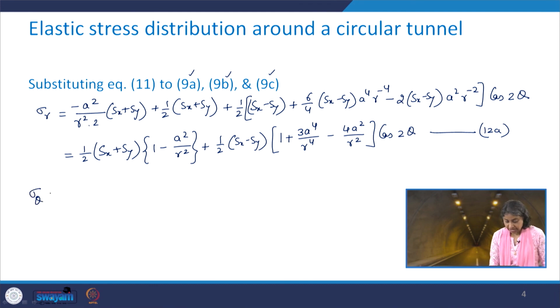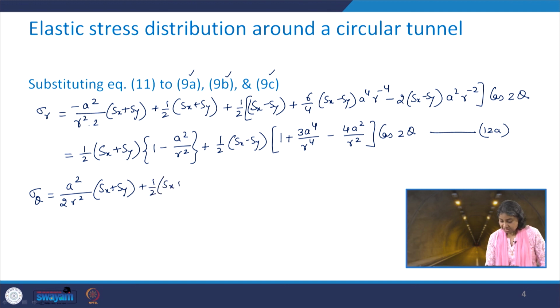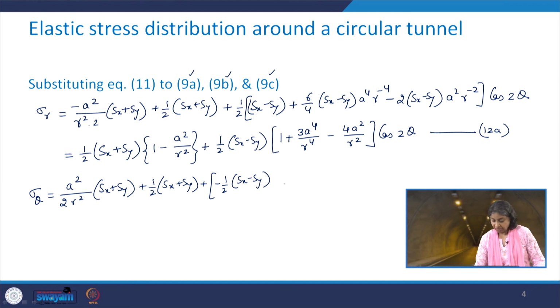So, I am going to get in this particular manner, a square upon 2 r square sx plus sy plus half sx plus sy minus half sx minus sy minus 6 upon 4 sx minus sy a to the power 4 r to the power minus 4 into cos of 2 theta.